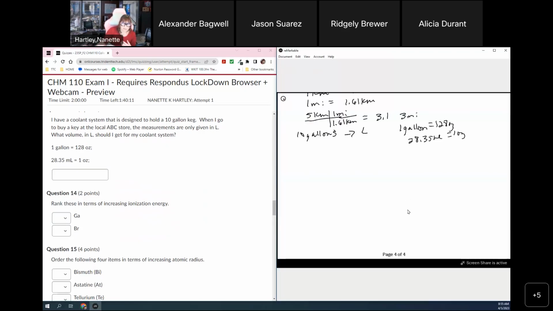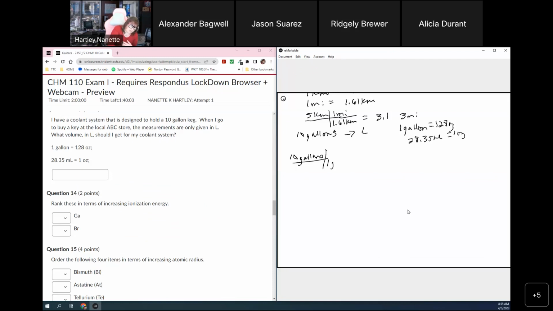So that's one way. I can set this up to go 10 gallons, 1 gallon, 128 ounces. 1 ounce is 28.35 milliliters. And of course, there are 1,000 milliliters a liter. So that calculation will work.